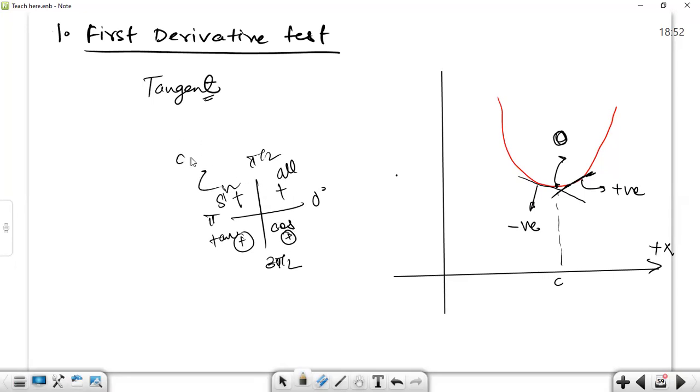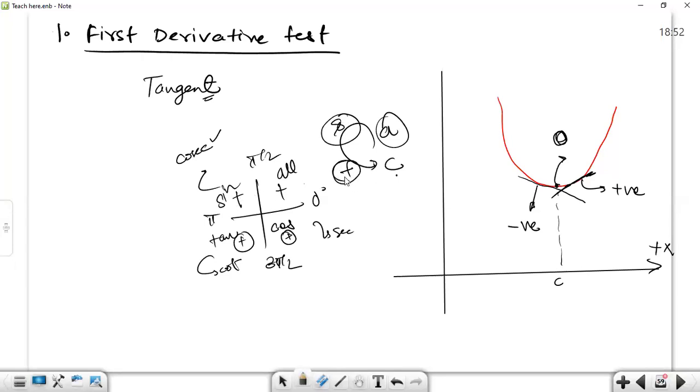Here as sine is positive, cosec will also be positive. Here cot will also be positive. Here sec also would be positive. You can remember this trick by remembering 'All Sin Tan Cos'. A stands for all trigonometric functions, S stands for sine, T stands for tan of theta, and C stands for cos of theta. I hope you are able to understand it.